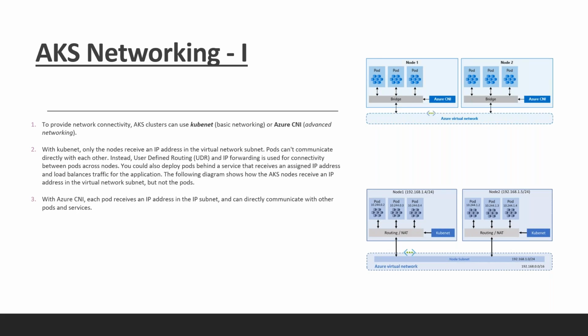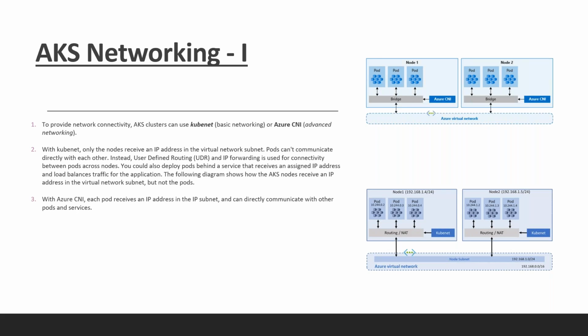When we use KubeNet, it creates everything of its own, the virtual network, its subnet, everything. But if you need advanced networking, you can do it via Calico or some Flannel solution. In the diagram below, it's KubeNet, which is basic networking. In order for a pod sitting on node 1 to communicate with a pod on node 2, you need to use NAT, which then traverses the traffic from the virtual network to the other node.